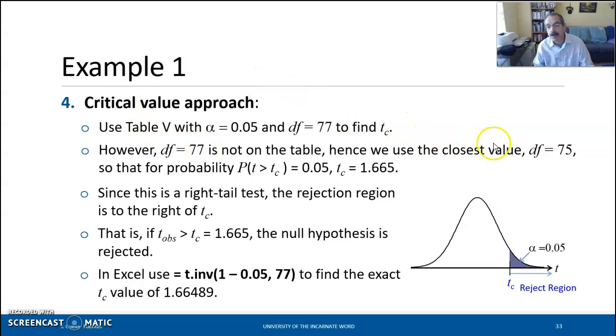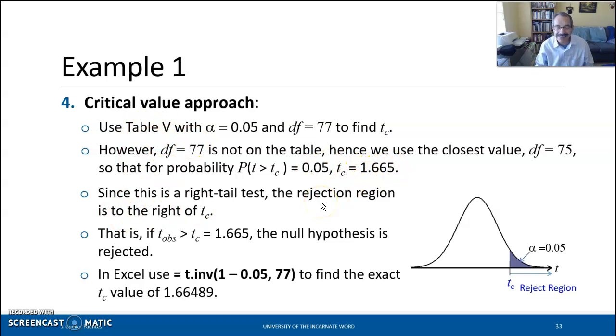But the closest value on the table is 75, so we're going to use that row. At the intersection of those two, you find the critical value, which is 1.665.